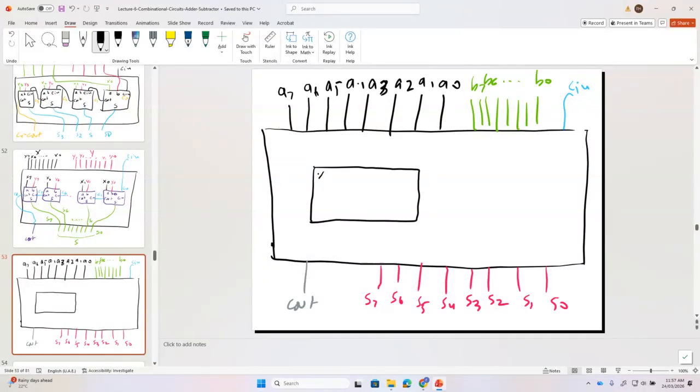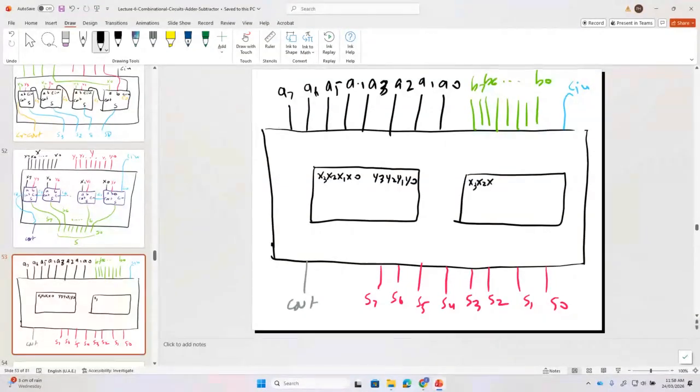Please remember the inputs to the 4-bit adder: X3, X2, X1, and X0, and then Y3, Y2, Y1, and Y0. And then we have another 4-bit adder with X3, X2, X1, X0 and Y3, Y2, Y1, Y0. Each has a C in and a C out, and outputs S0, S1, S2, and S3.